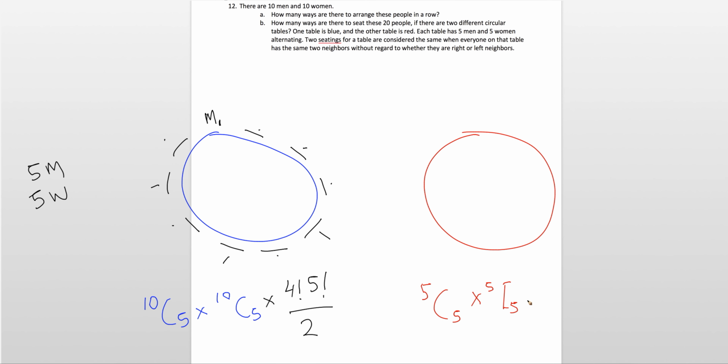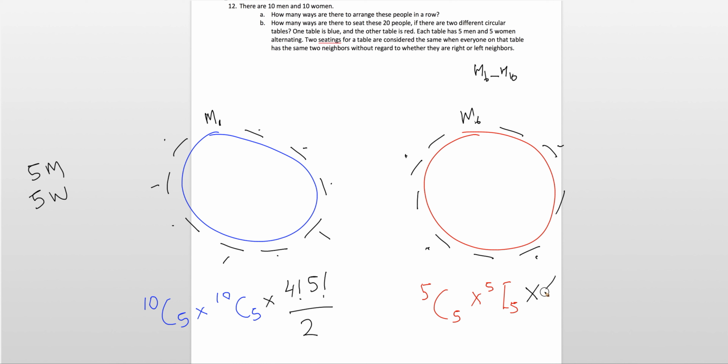On the red table, we will have a similar problem. Let's say men 6 to 10 are the ones assigned to the red table. If we sit man 6 first, this man becomes the reference point for the red table. Once we have man 6 here, it creates 4 other positions for the other men, the alternating positions: 1, 2, 3, 4.